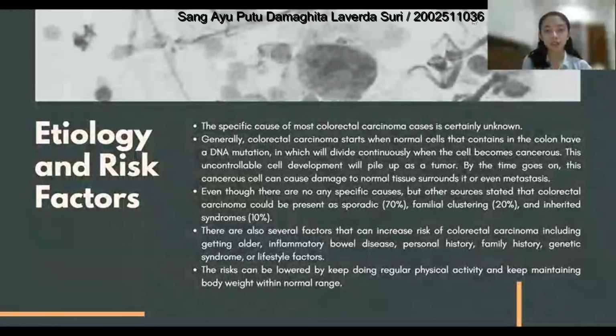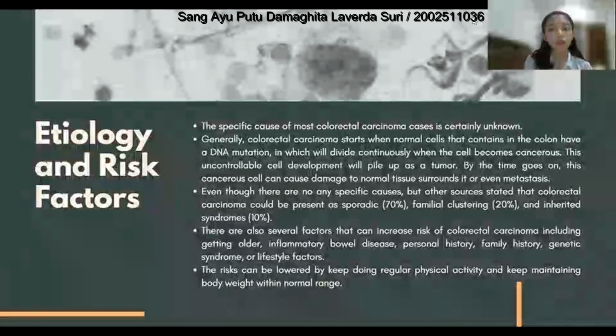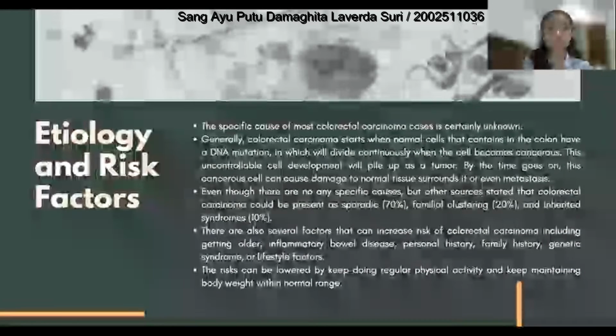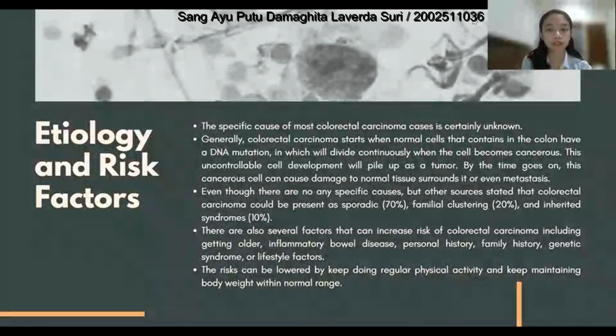This uncontrollable cell development piles up as a tumor. As time goes on, this cancerous cell can damage the normal tissue that surrounds it or even metastasize. Even though there are no specific causes, other sources stated that colorectal carcinoma could be present as sporadic around 70%, familial clustering 20%, and inherited syndromes around 10%.